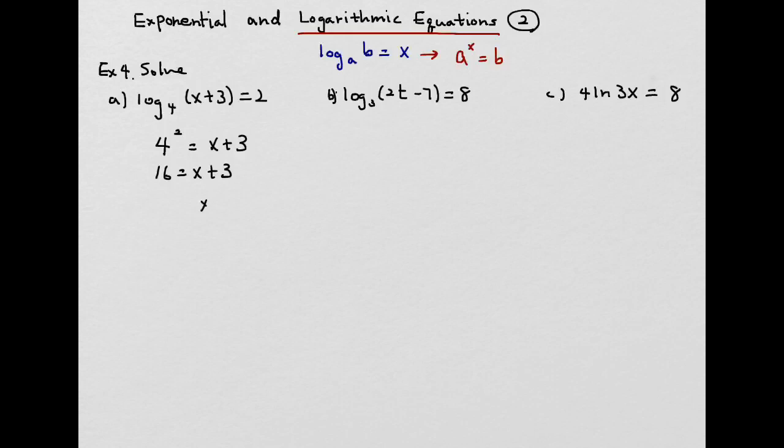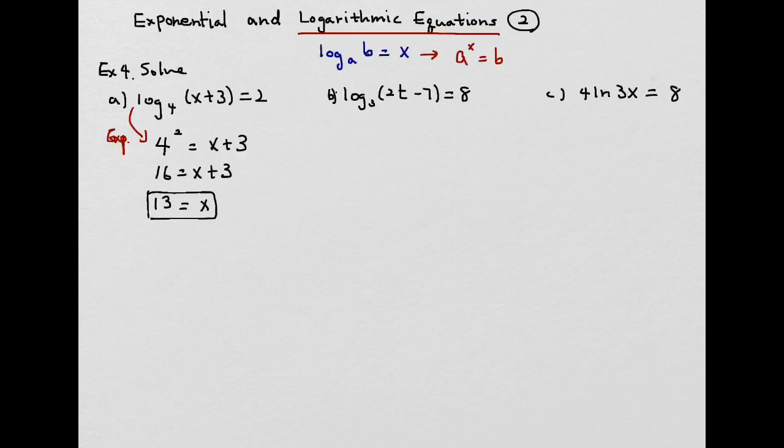And x is going to be, subtracting both sides by 3, 13. That's simple. So if you have a simple logarithmic equation, then change to exponentials. Just convert into exponentials, and then solve for the variable.